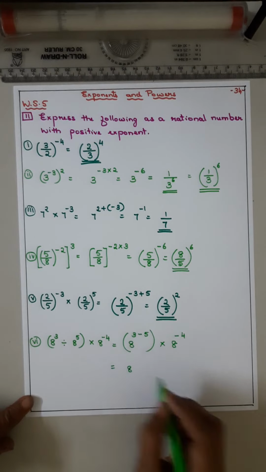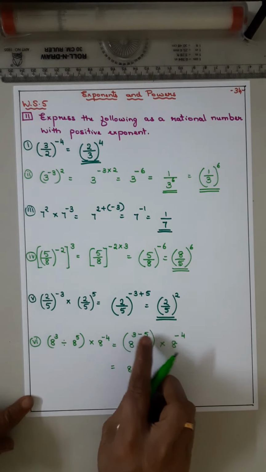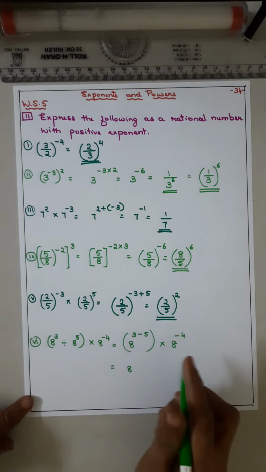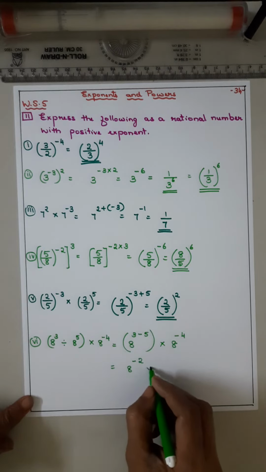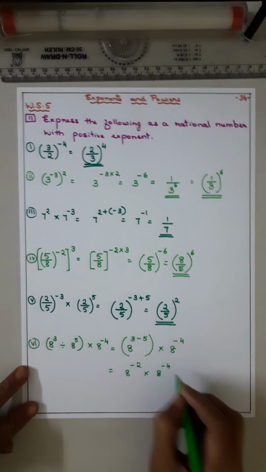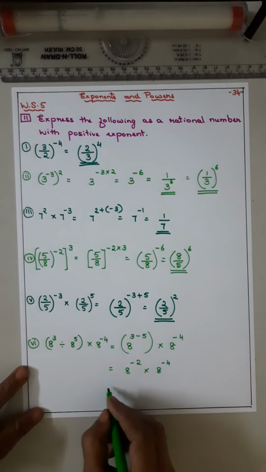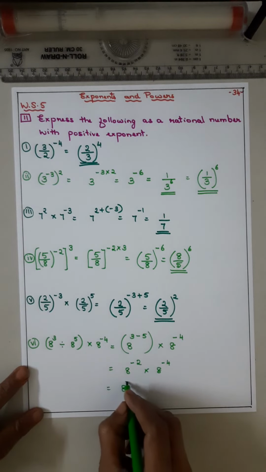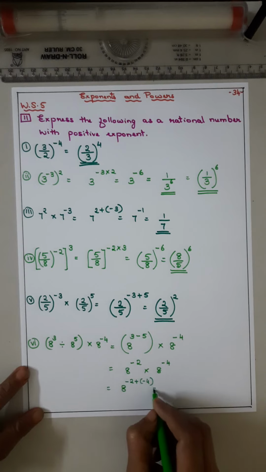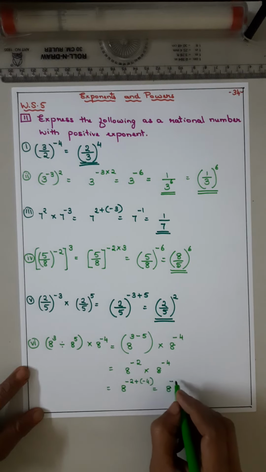So it became 8 to the power 3 minus 5 is how much? 3 minus 5 became minus 2 into 8 raised to minus 4. So it is 8 raised to minus 2 plus minus 4. It is 8 raised to minus 6.